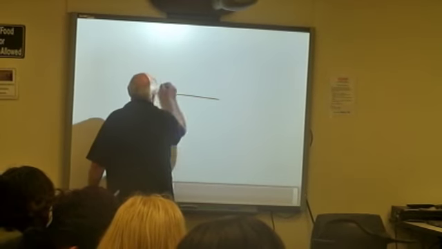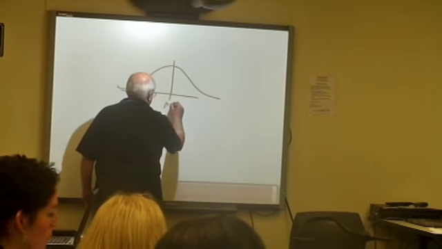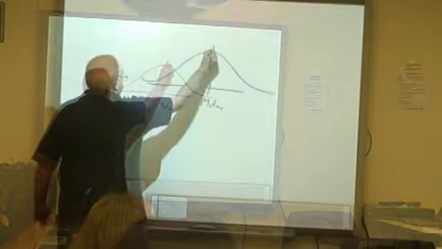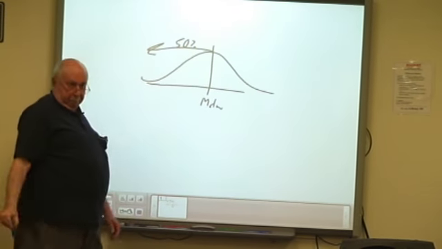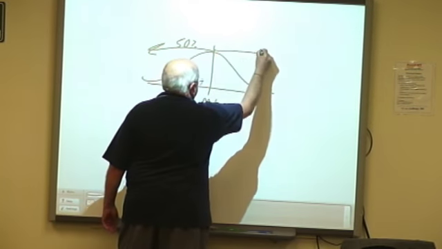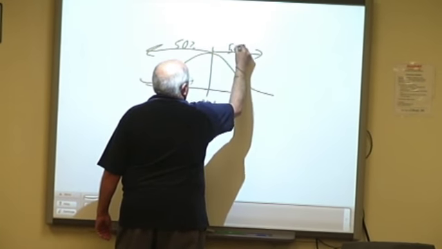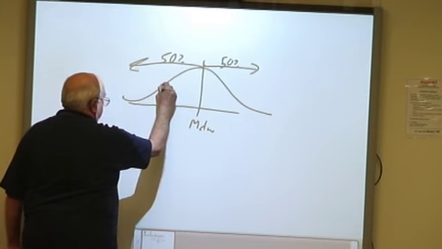You know what the interquartile range is? Yes? No? Anybody? It's real quick. This is the median, right? At the median, I have 50% of the cases. I can find another score.